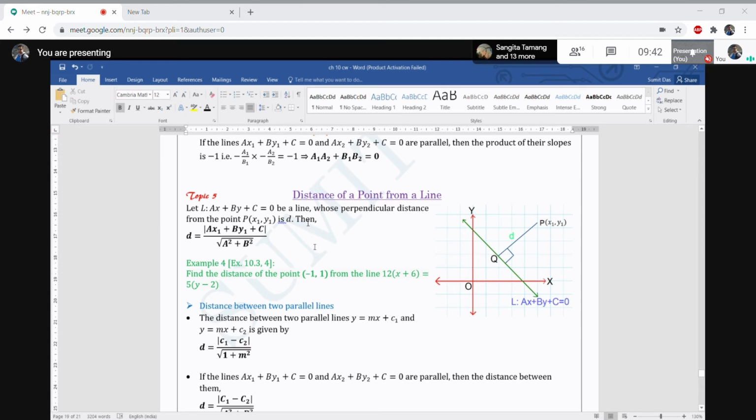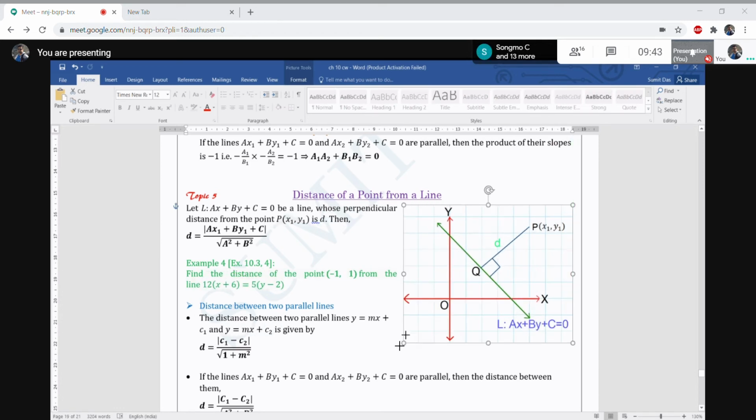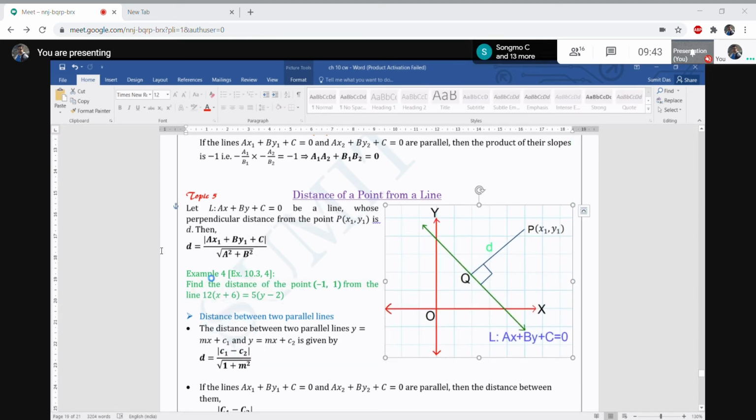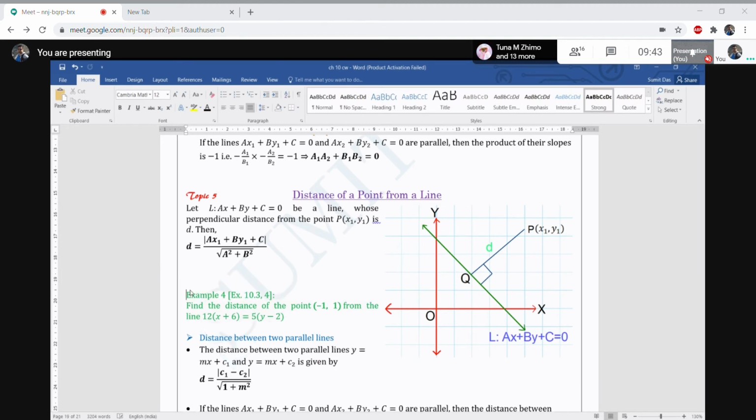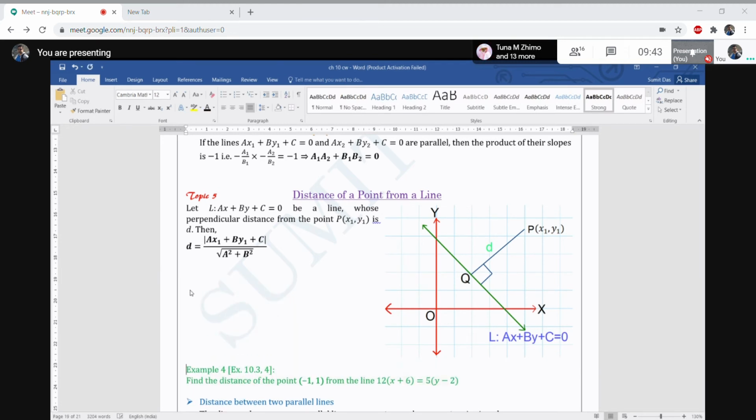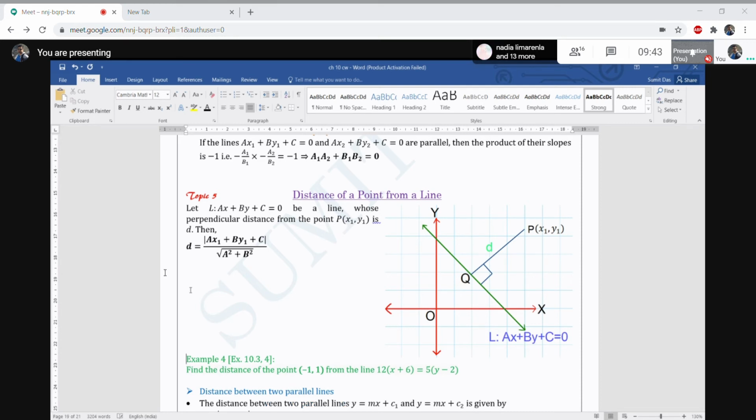So in this topic, what is being asked is the distance, this is very important. Let ax plus by plus c be a line.